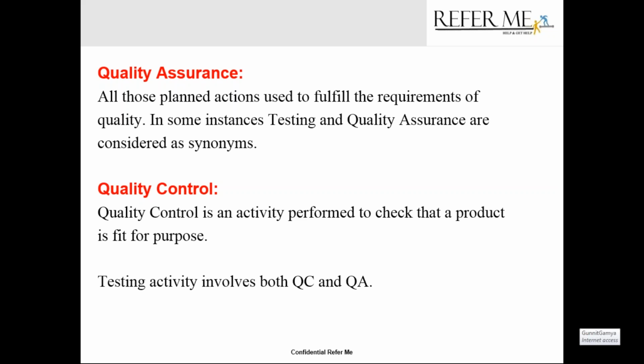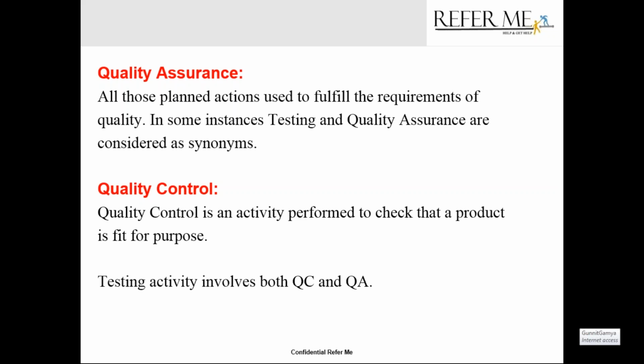Control means you are putting some checkpoints on your product so that all the preconditions are fulfilled while developing, right? So assurance means in testing you are saying that whichever things it is supposed to do, it is doing.